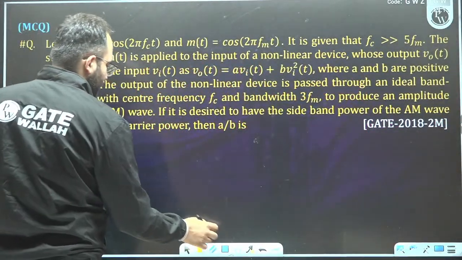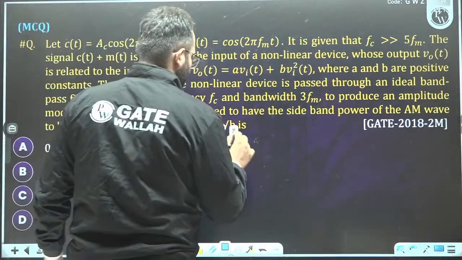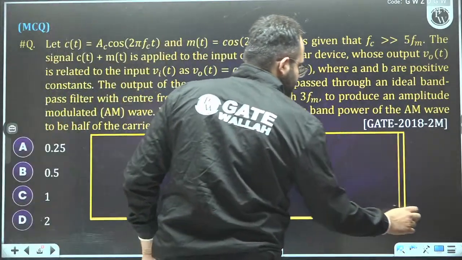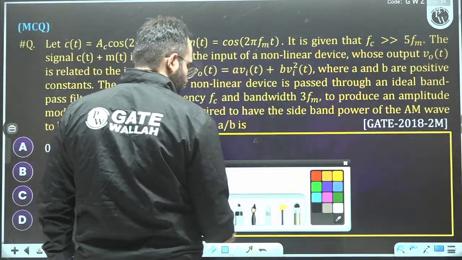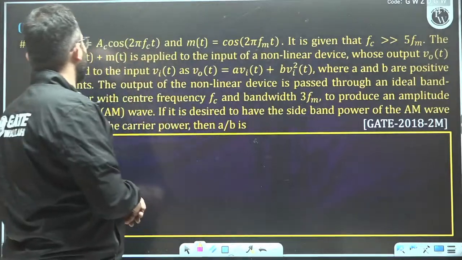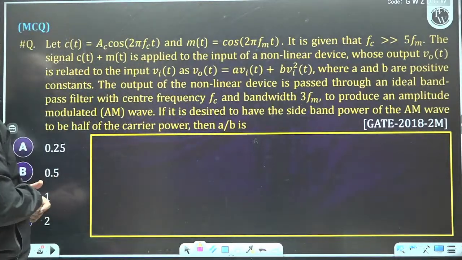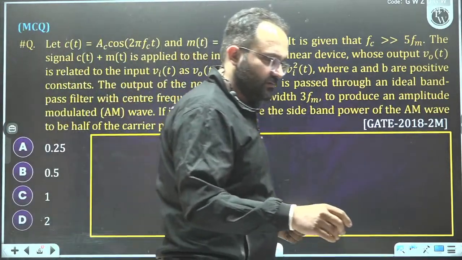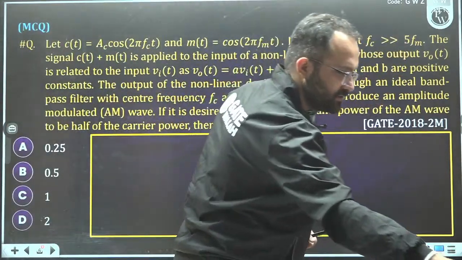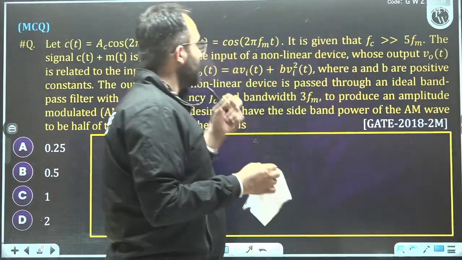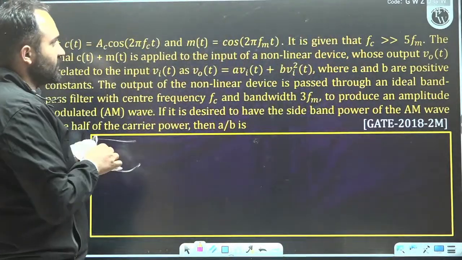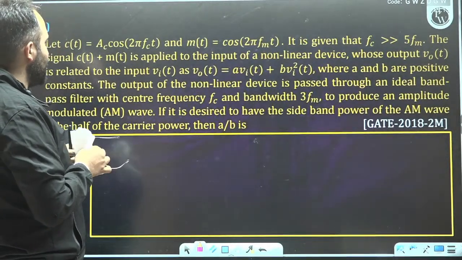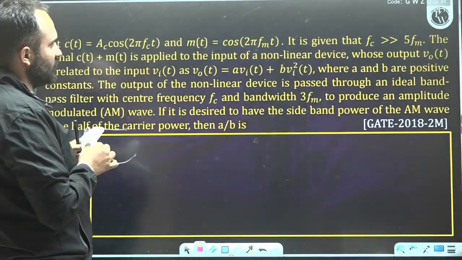Now let's see this question. We have the carrier Ac cos(2π fc t) and the message m(t), that is cos(2π fm t). It is given that fc is very, very large, and the carrier plus message is applied to a nonlinear device.